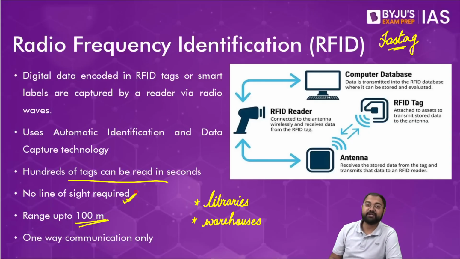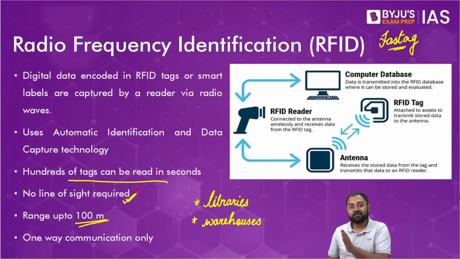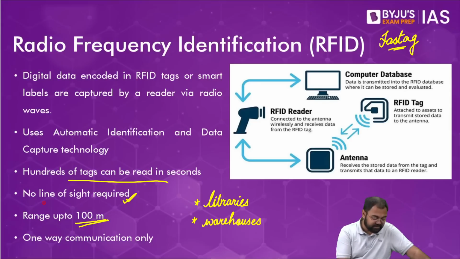So line of sight means that if there is any obstacle, then that communication would not work. That would be no line of sight. But when we say that no line of sight is required, it means that even if there are obstacles in the way, it will still be able to manage. It will be able to pass through those obstacles, the walls, for example.